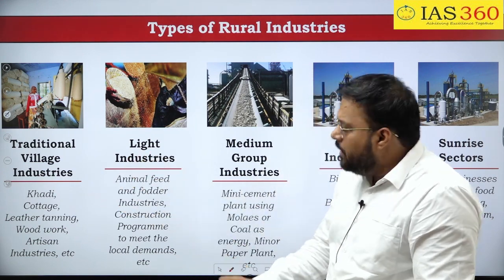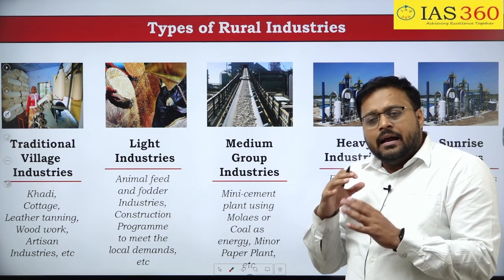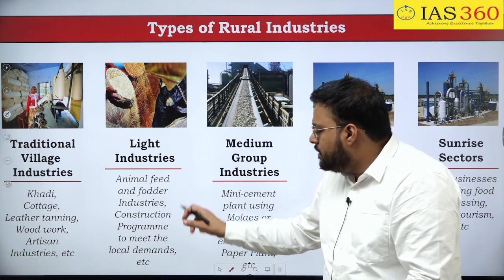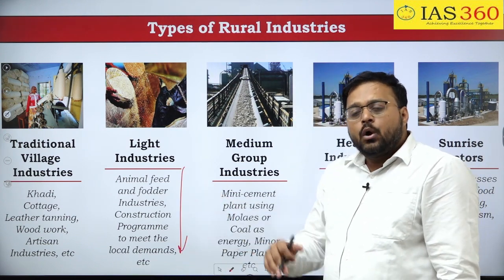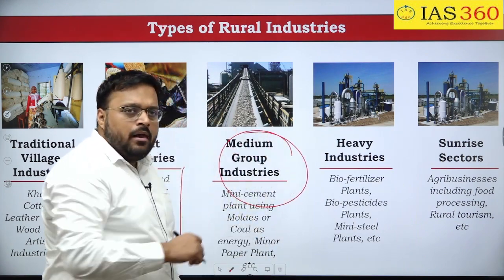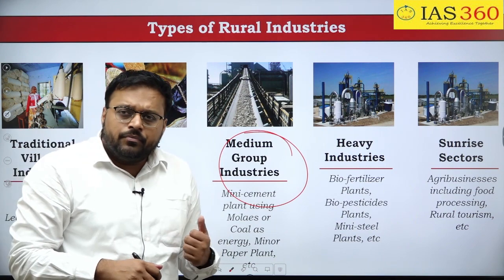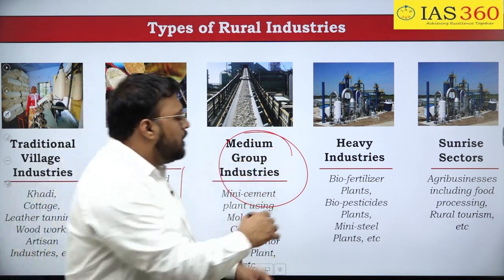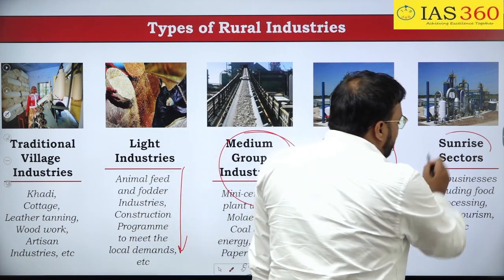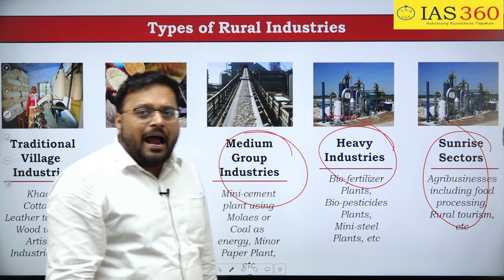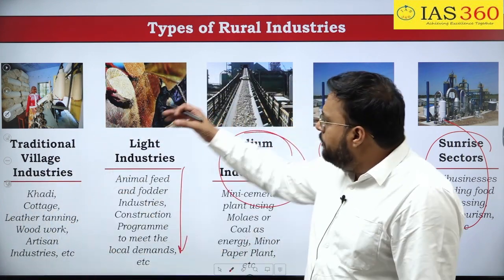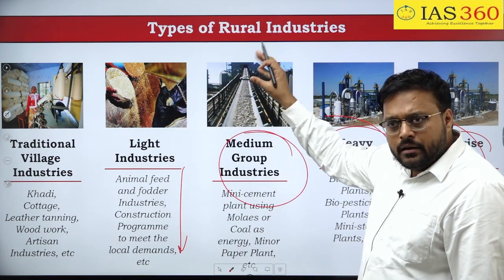Light industry is about the animal feed industry and the construction programs going on at the panchayat level. Under medium industry, there can be a paper industry and a cement industry. In terms of heavy industry, there can be a biofertilizer industry. In the sunrise sector, there can be agricultural and allied activities, and also a food park. So these are the categories under rural industry.